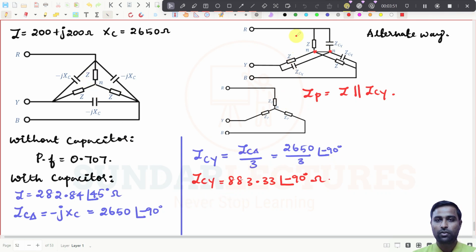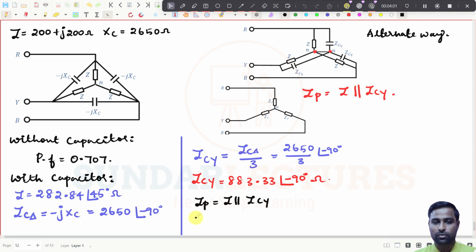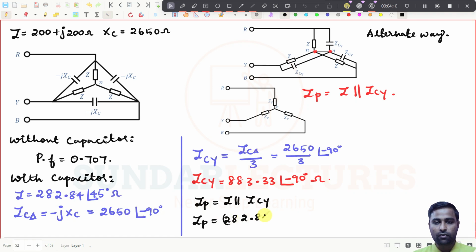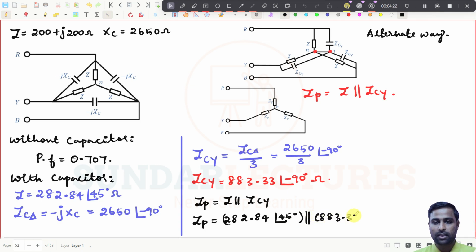So now, if I do so, what will I get? ZP will be equal to Z parallel with ZCY. So what is the Z value? We know it is given, 282.84 at an angle of 45 degrees, parallel connected to ZCY, that is 883.33 at an angle of minus 90 degrees, right?